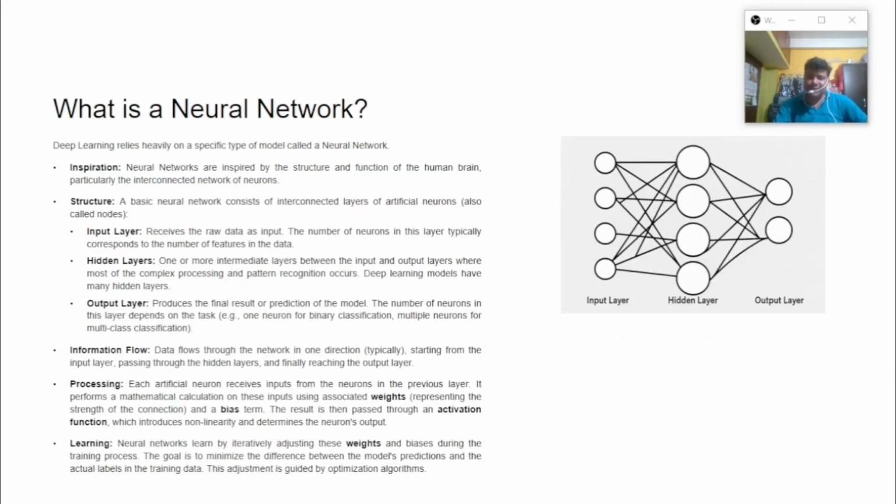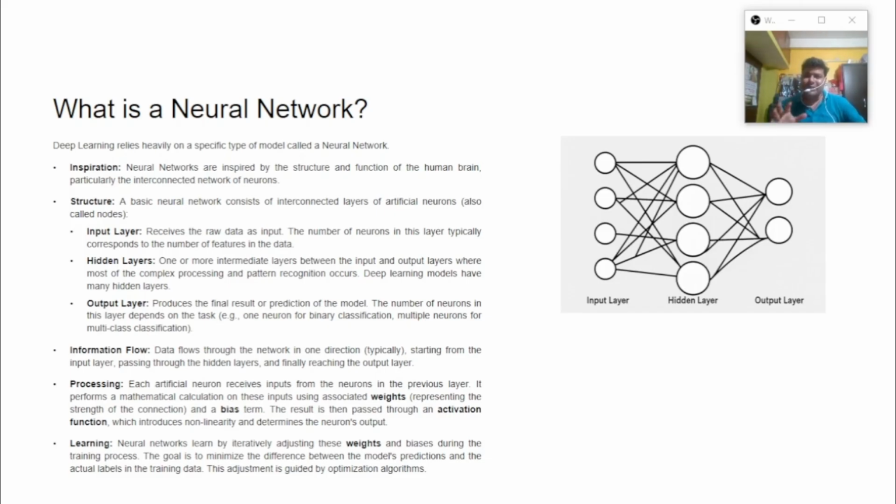And the next topic is, what is a neural network? Deep learning relies heavily on a specific type of model called a neural network. You can see the diagram of a neural network on the right side. Neural networks are inspired by the structure and function of the human brain.